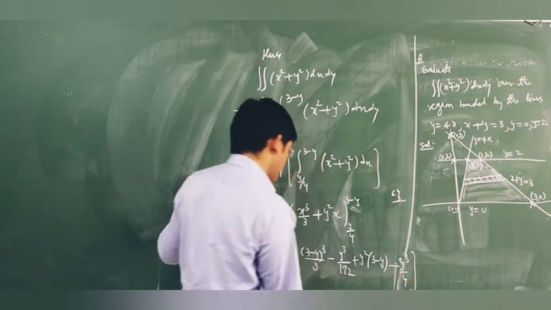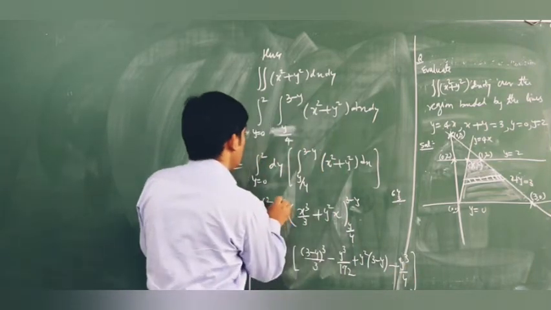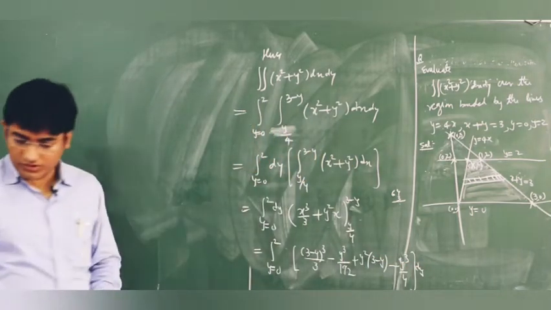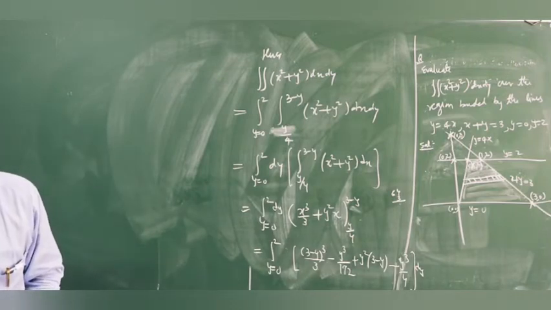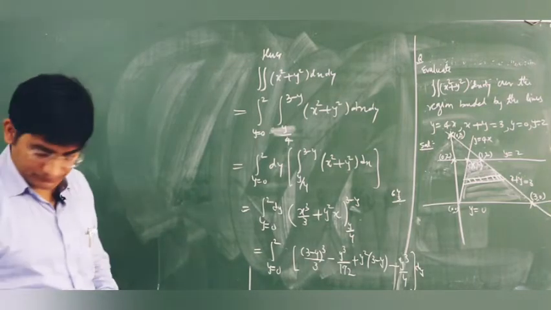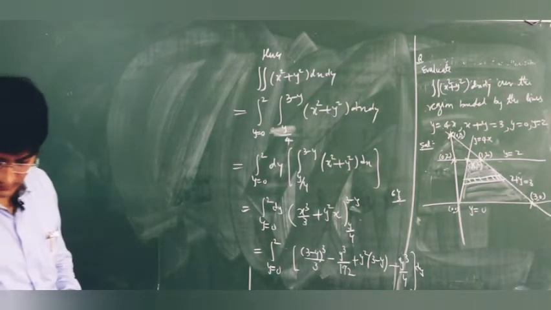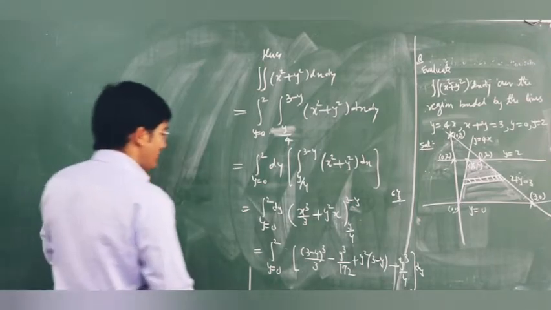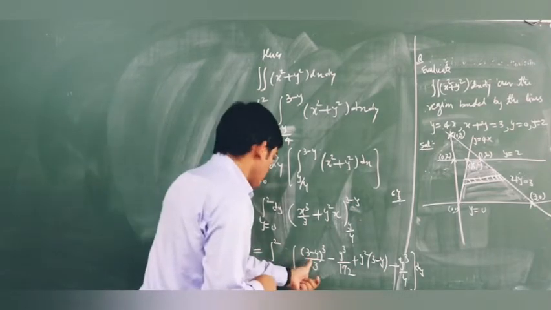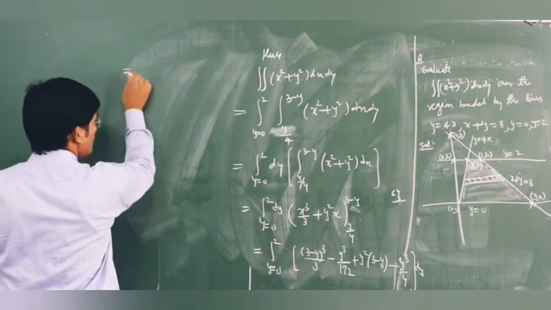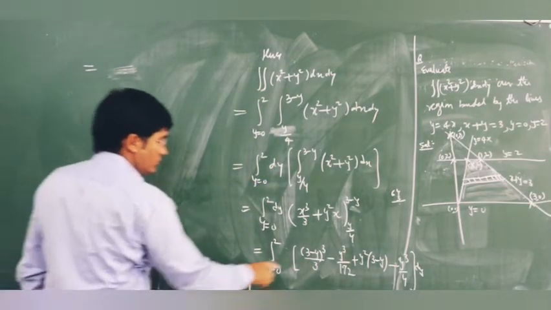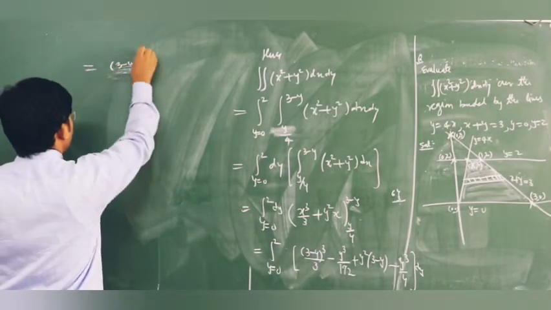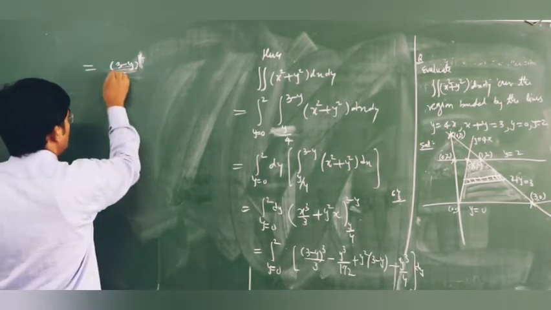Now let us integrate this term with respect to y. Okay, let us simplify this one. So on integration, the integration of this will be 3 minus y power 4 upon 4 minus 4, so this will be minus 12.